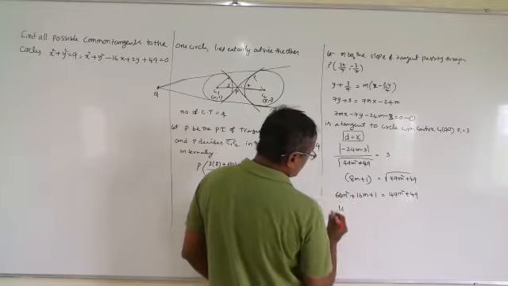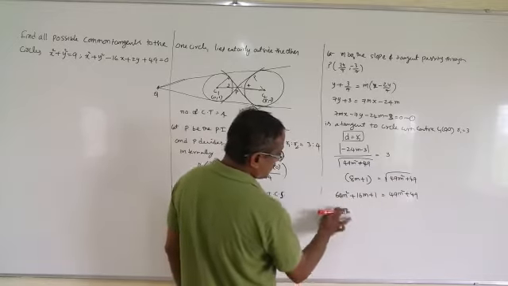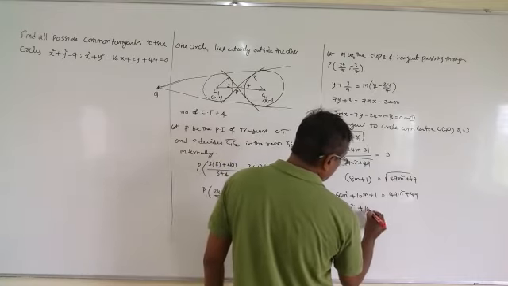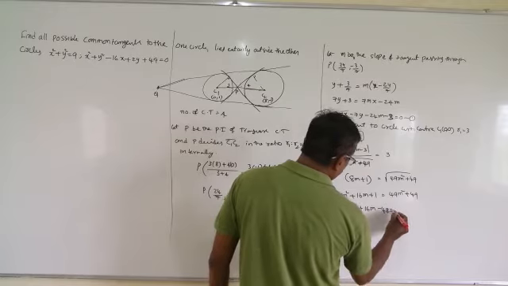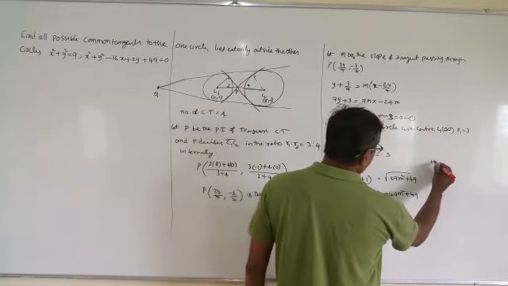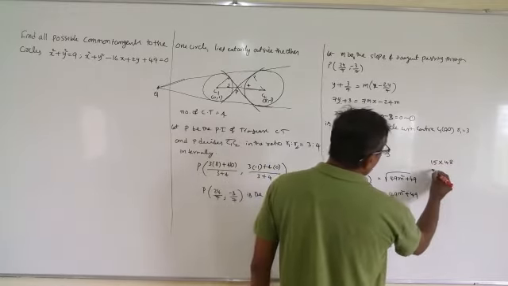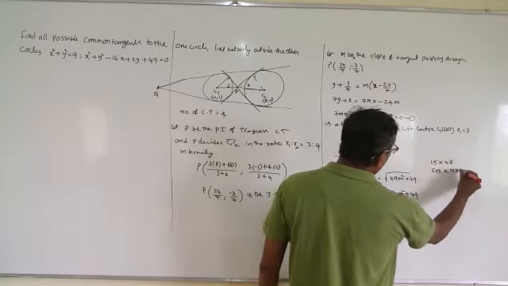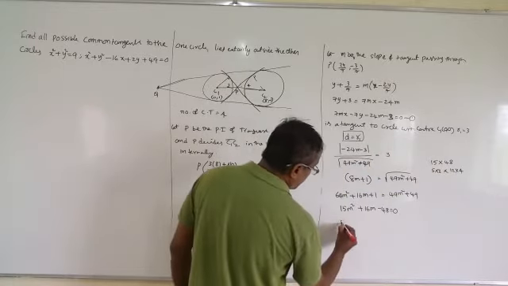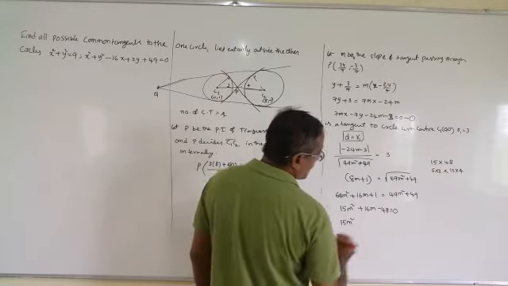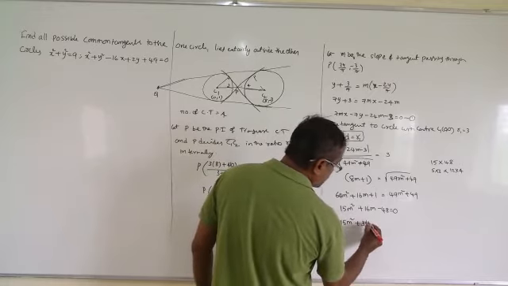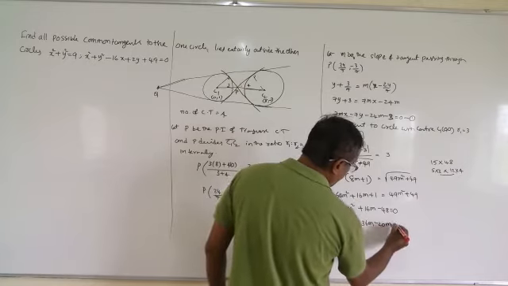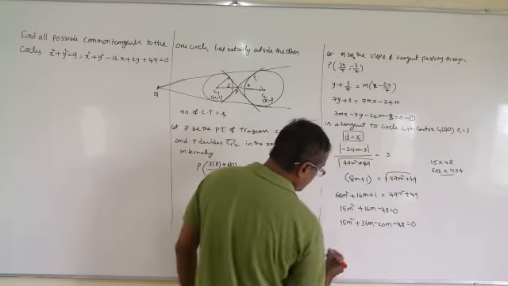So 64m square minus 49m square, it will be 15m square plus 16m minus 48 equal to 0. So 15 into 48, 5 into 3, 12 into 4. So it can be written as 15m square plus 36m minus 20m minus 48 equal to 0.